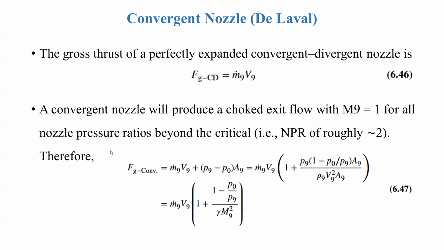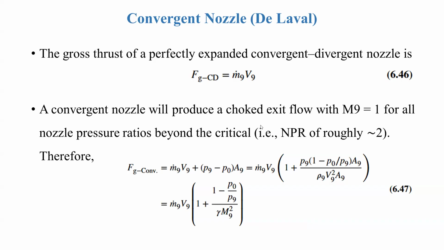So what is the gross thrust of a perfectly expanded nozzle? It is the momentum term only, because P9 and P0 are equal, so the pressure thrust part vanishes. The gross thrust of an optimally expanded convergent divergent nozzle is the momentum term only. At the point where Mach is equal to 1, that is the choking point.